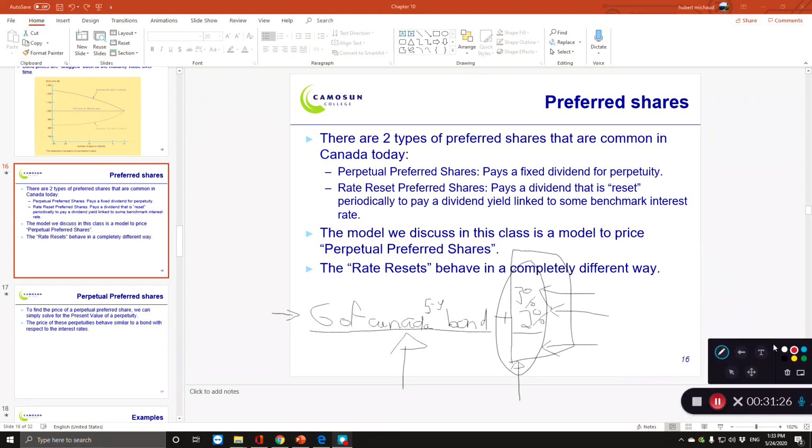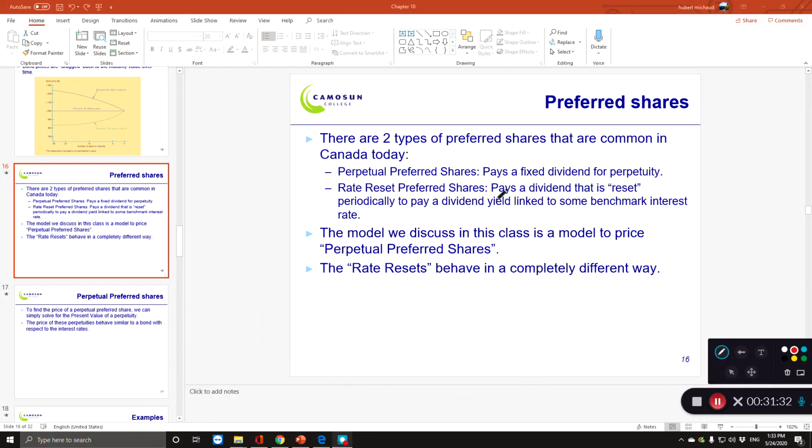Based on this formula, right? What we just wrote here. Okay. So this is why they call it rate reset, right? Because the rate, the dividend yield you get on them resets every 5 years or every 3 months, it depends, all of them are different. So it depends when they reset on the prospectus.